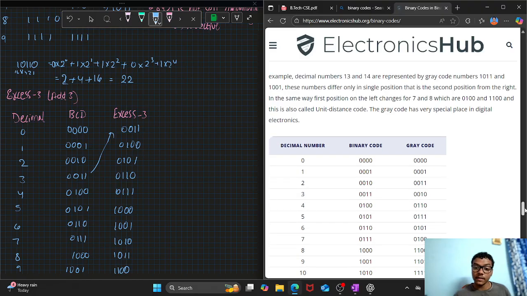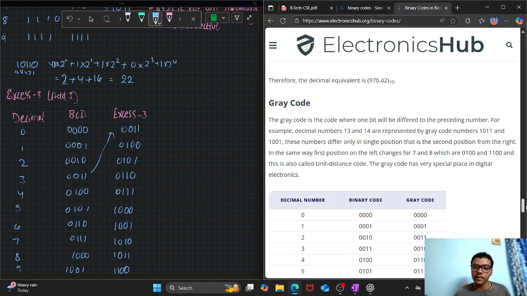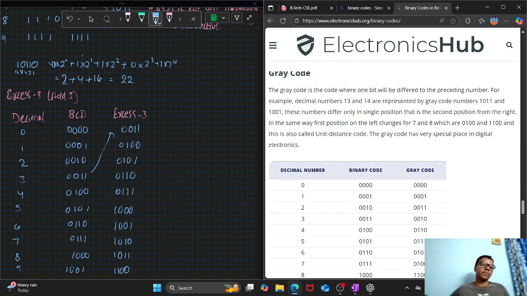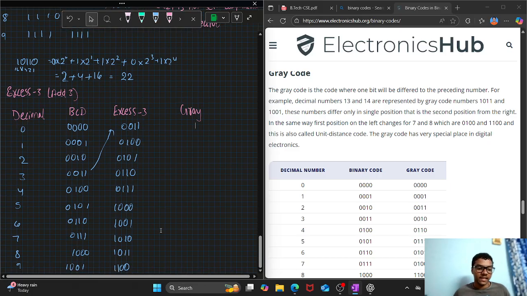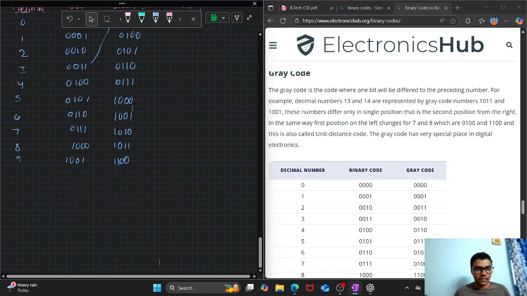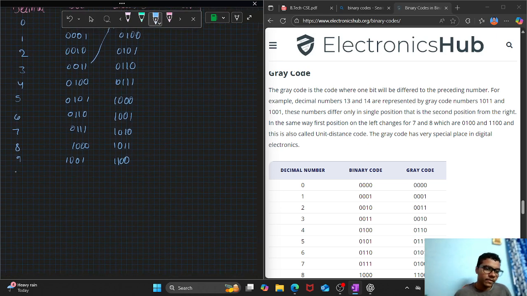And gray code is a code where only one bit will be different. Let's write the gray code also here, shall we? Actually, it is written until 4 bits, so let's do it until 4 bits. 10, 11, 12, 13, 14, 15. For 10 it will be 1010, and 11 is 1011, and 1100, 1101, 1110, 1111, four ones.